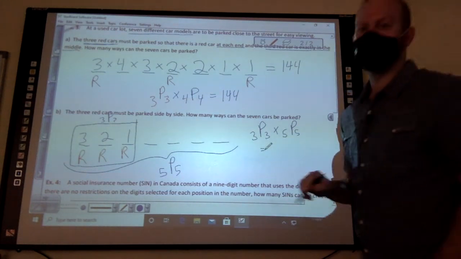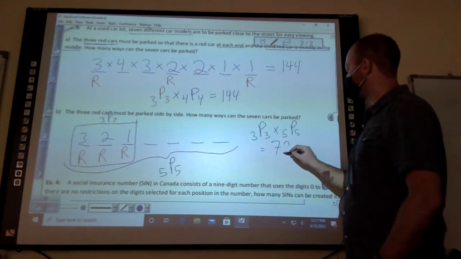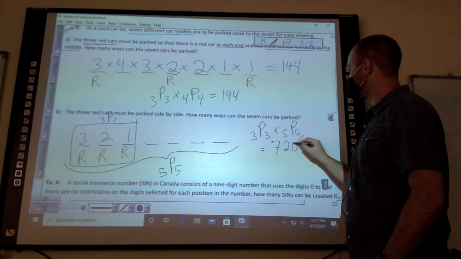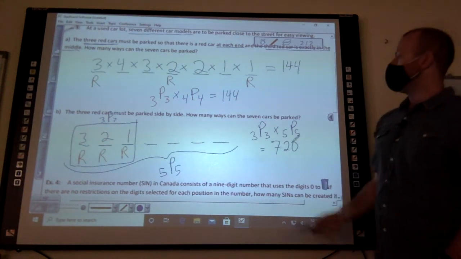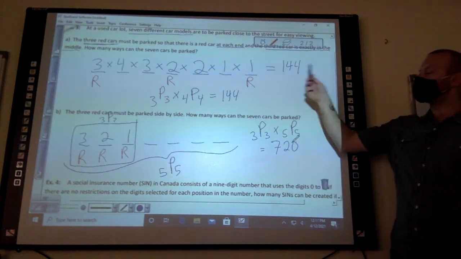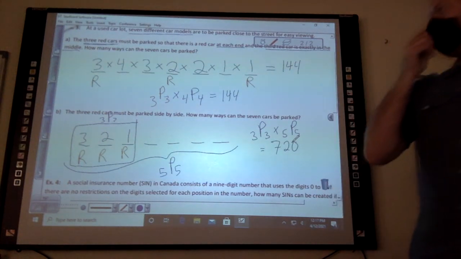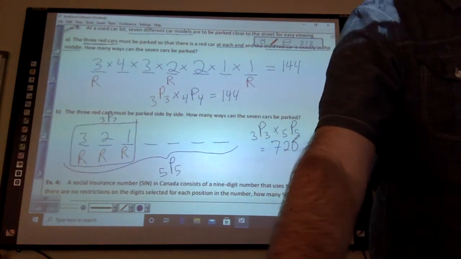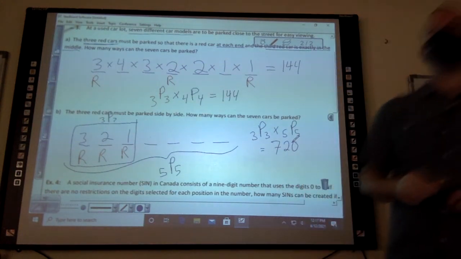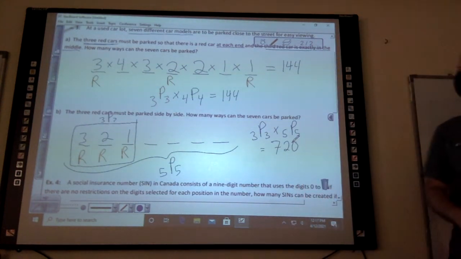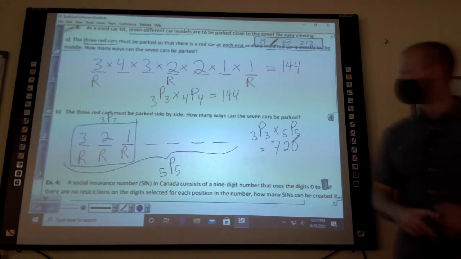So this gives me 720. So you can see it does quite drastically change the number from the first one. Questions with that? Okay. I'll give you a sec to write it out.